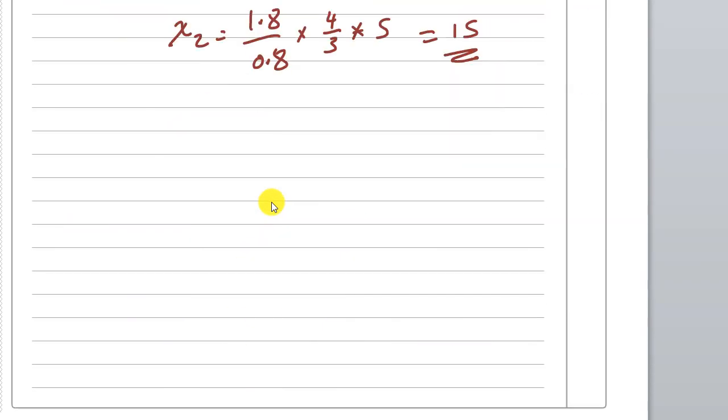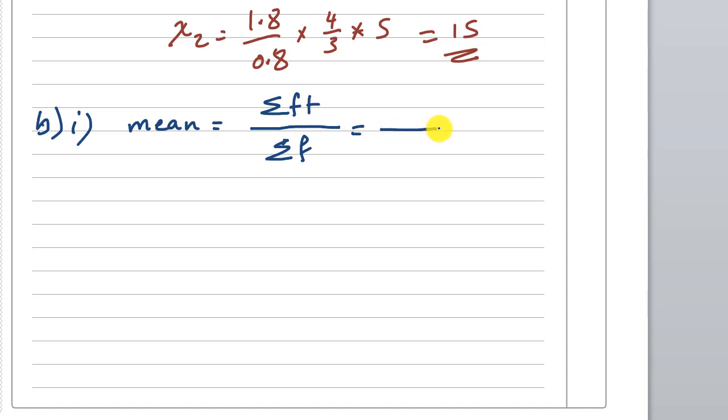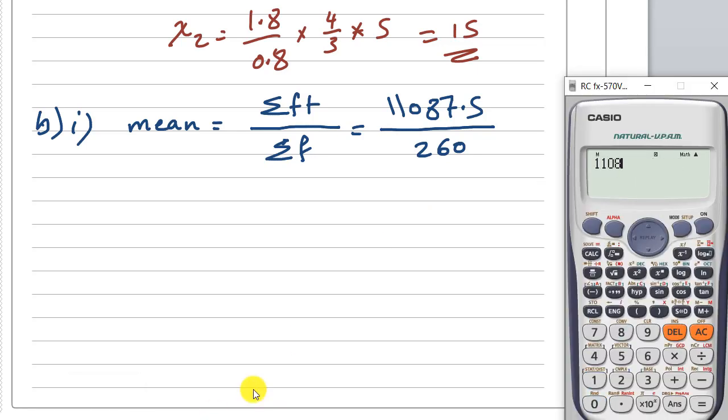So this is part B, I. The mean is equal to summation of ft divided by summation of f, so it's equal to 11087.5 divided by 260, which is 42.644.